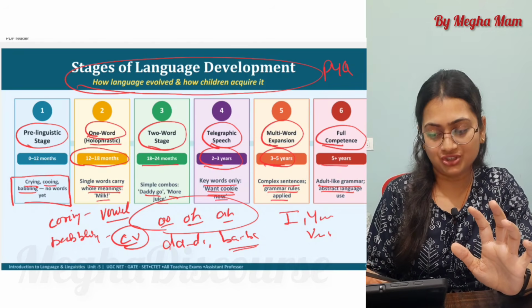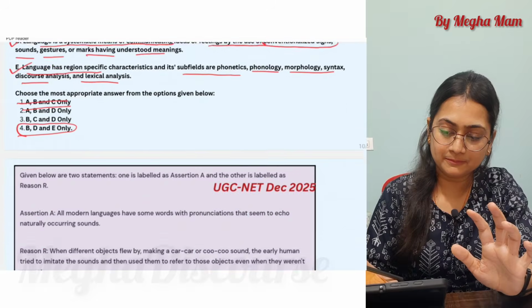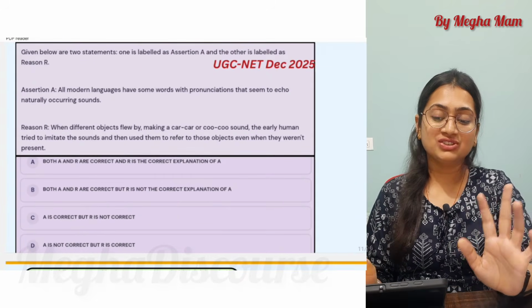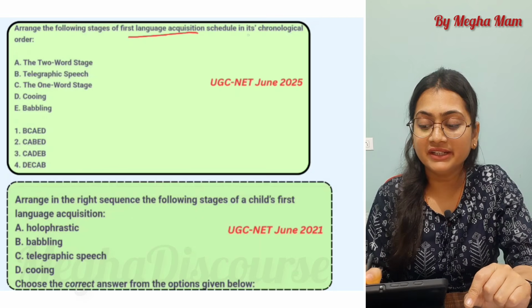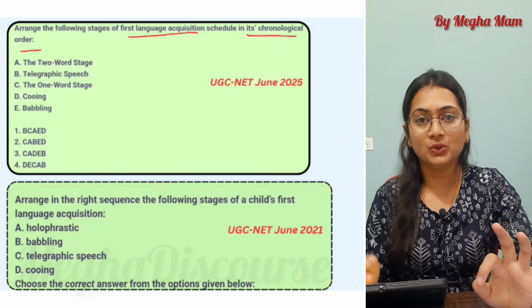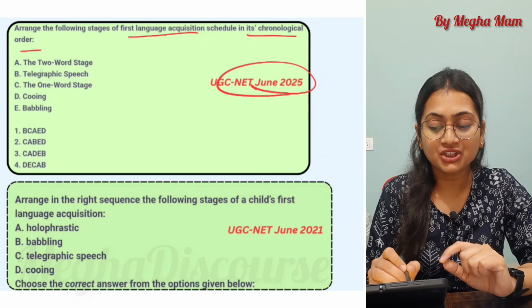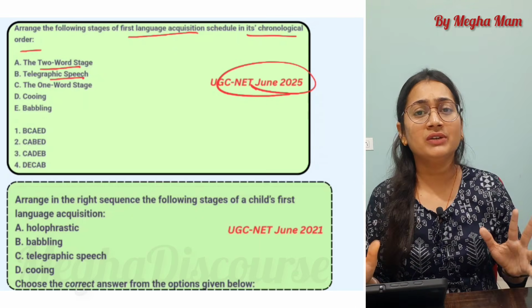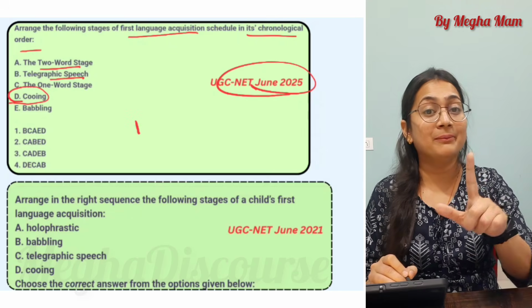Now let us solve the questions. First, arrange the following stages of first language acquisition in chronological order. This is your June 2025 question. It mentions the two-word stage and telegraphic stage, which we know very well. The first stage is the cooing stage, that is D. Then babbling.